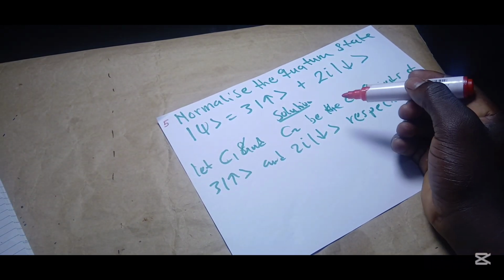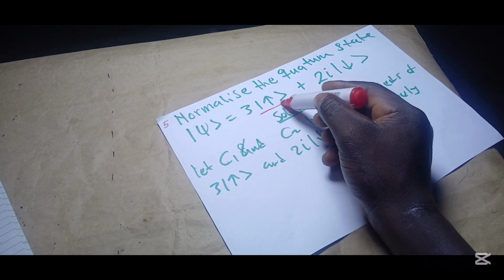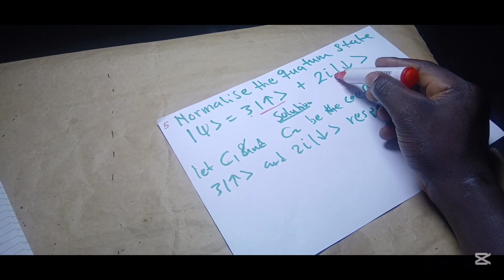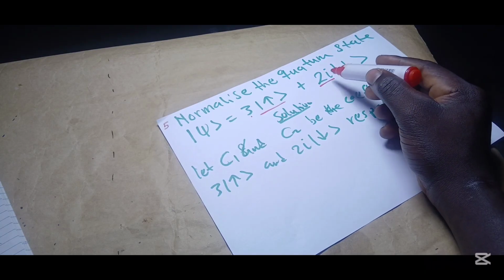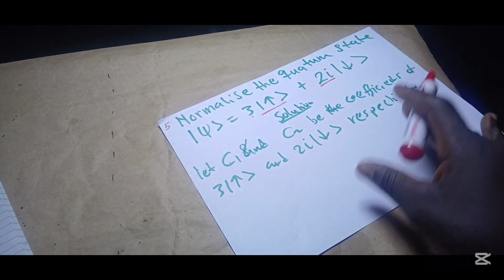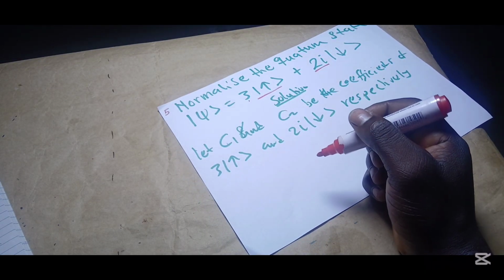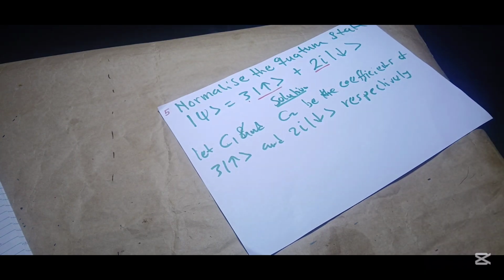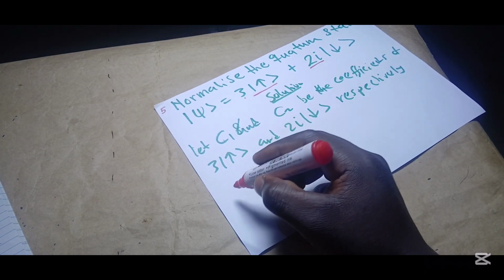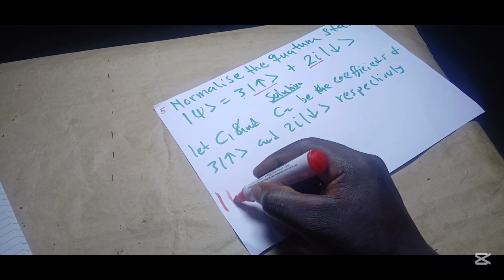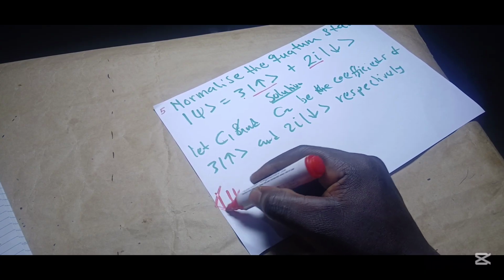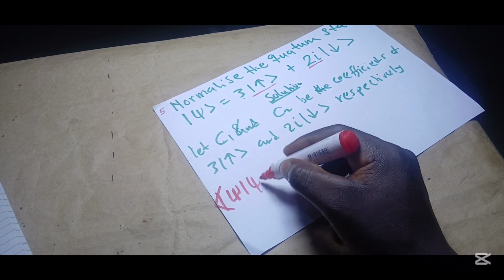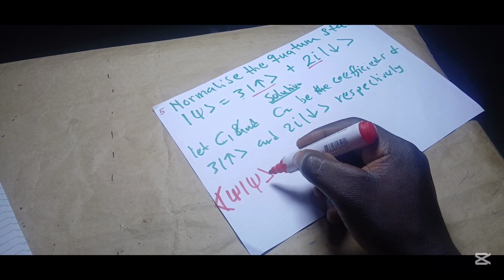So the first thing we need to know is, looking at this state, the coefficient is 3. Looking at this, the coefficient is 2i. Our focus is on the coefficient. We are going to calculate the norm squared, and the norm is simply the bra term with the ket term.